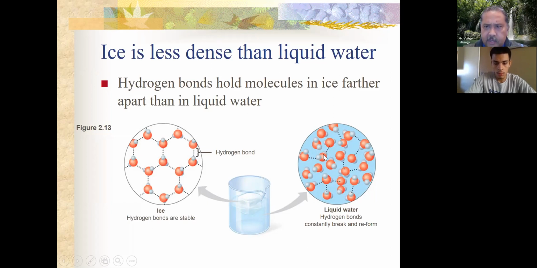Look, there's no bond between these guys right there. And so because we have some bonds forming, some bonds breaking, these water molecules are closer together. So the liquid molecules are actually closer together than the water molecules in the solid form, in the ice. That's unusual.